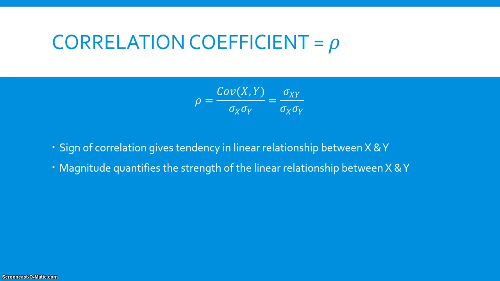If the absolute value of the correlation coefficient is close to 1, then we have a very strong linear relationship between the variables. If the magnitude of the correlation is close to 0, we have a very weak linear relationship between the two variables.